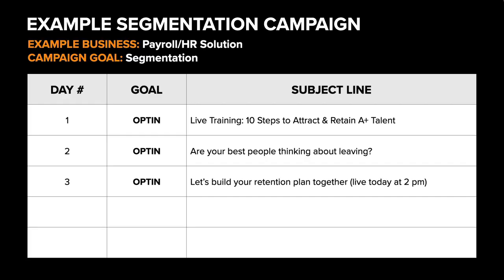In this case, live training, 10 steps to attract and retain A+ talent. Why? We're speaking to the desired end result. There's no one who's focused on payroll and HR solutions that doesn't want to either find A+ talent or retain the A+ talent they already have.